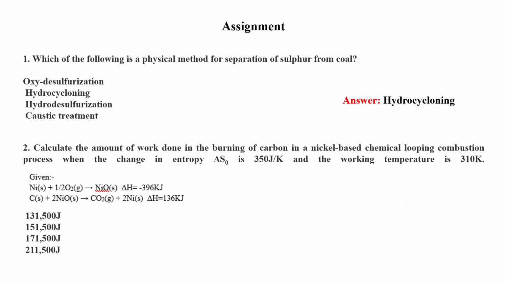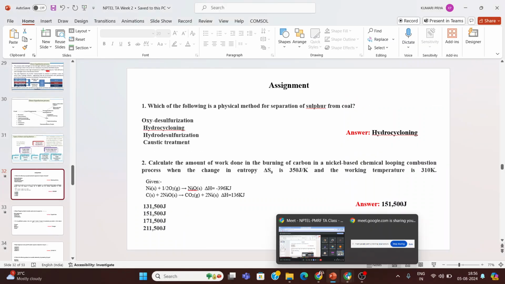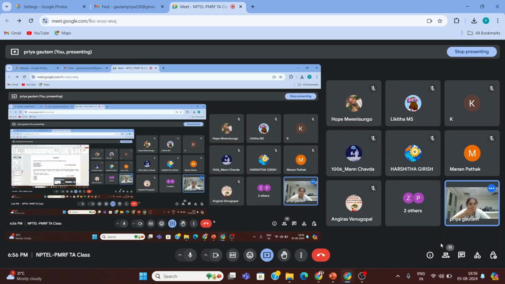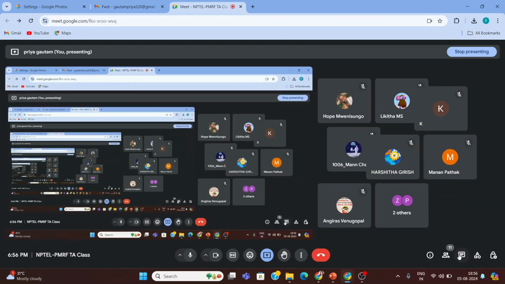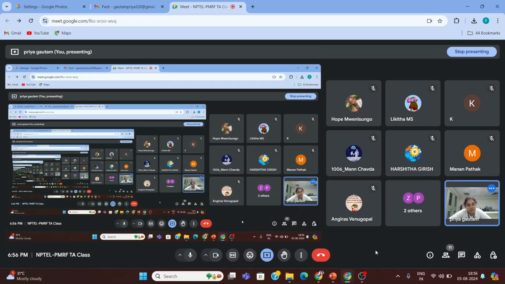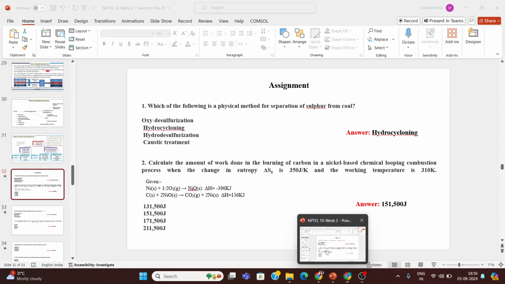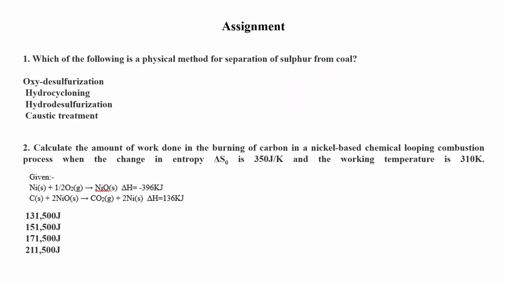Does anyone have an idea? I want you guys to try the question and then I will tell you the solution.